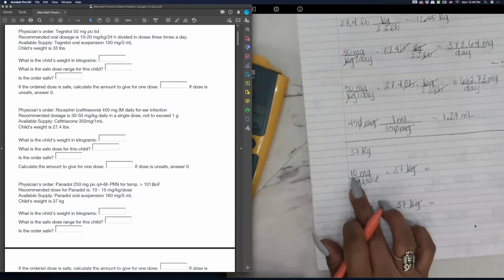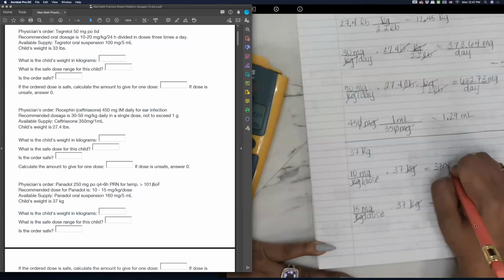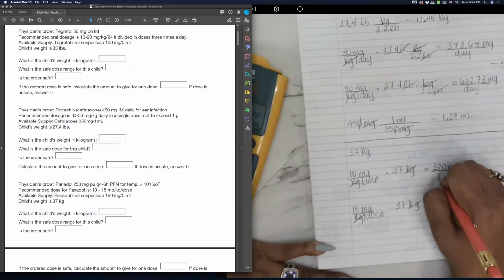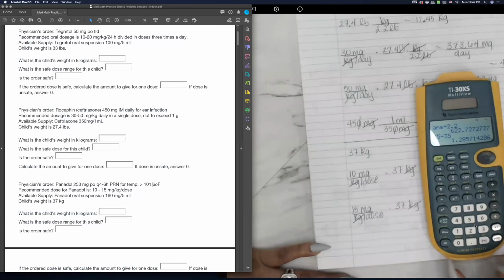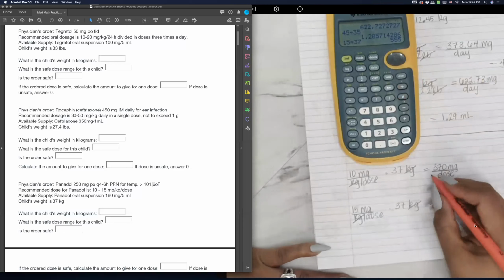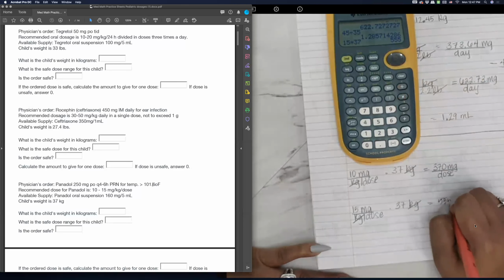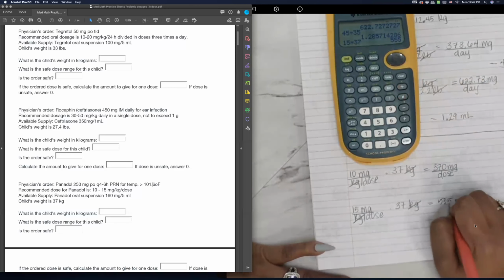So 10 times 37 is 370 milligrams per dose, and 15 times 37 is going to give us 555 milligrams per dose.